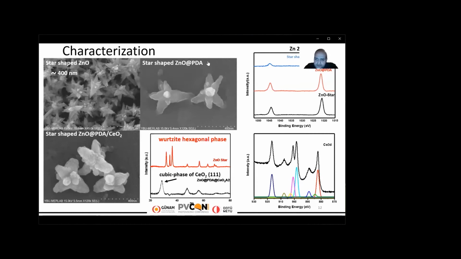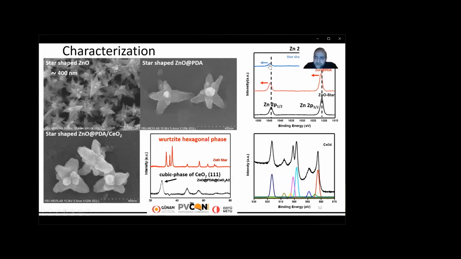And the XPS results of zinc oxide polydopamine, and zinc oxide polydopamine cerium oxide. We see the zinc 2p1/2 and 2p3/2 bands here. But in zinc oxide polydopamine, we have a shift to higher energy levels and this reveals the coating of polydopamine successfully.